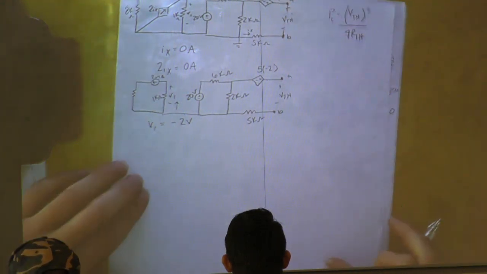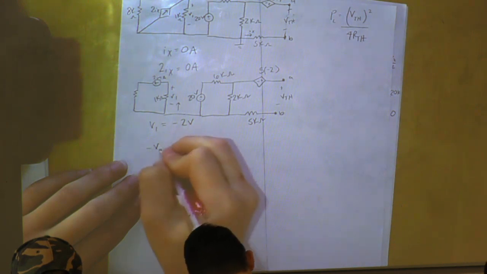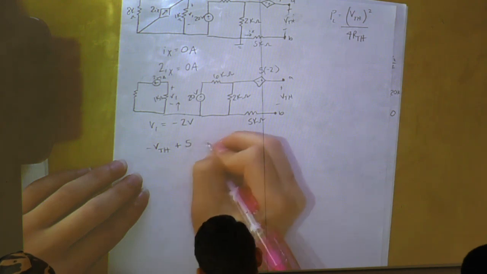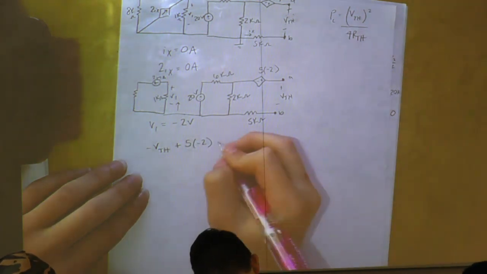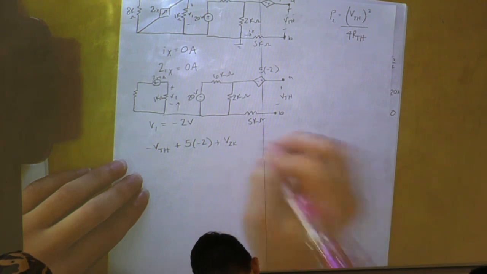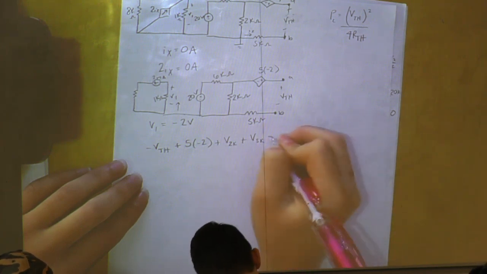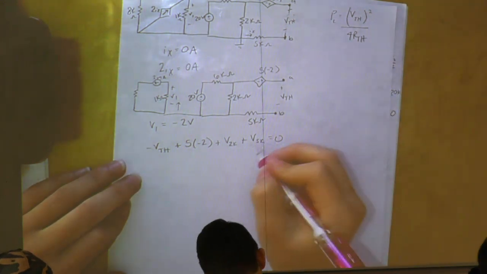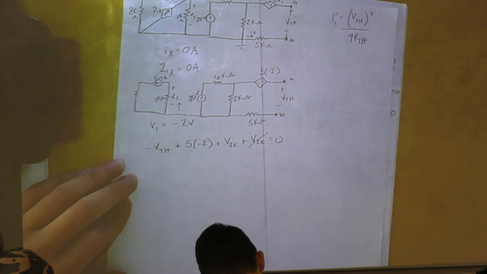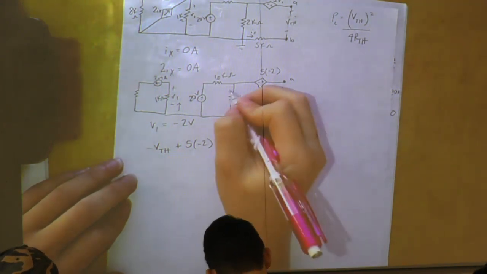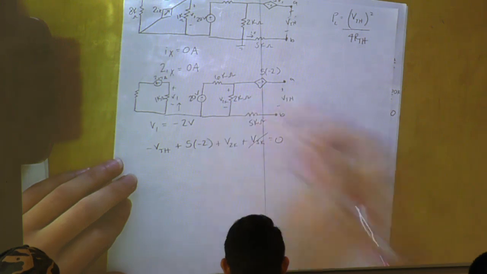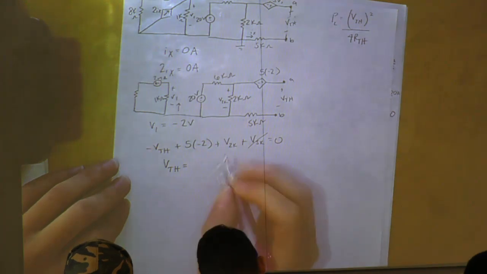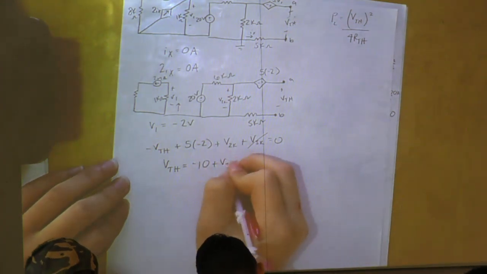So we'll want to go ahead and do a KVL. So our VTH will be equal to negative 10 plus this V2K.